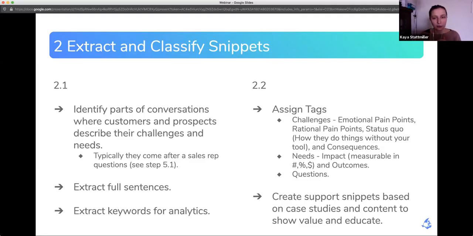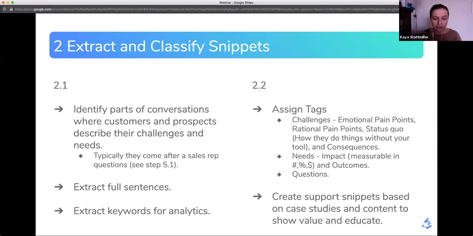When you have those conversations, you need to identify the parts where your prospects are talking about their challenges and needs. In most cases, it's followed by a question from the salesperson, and I will be talking about those questions in step 5.1.